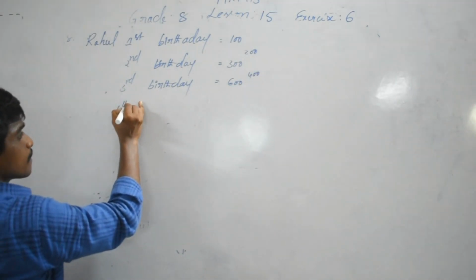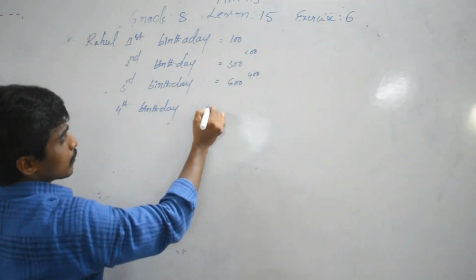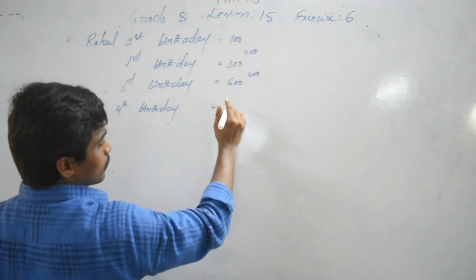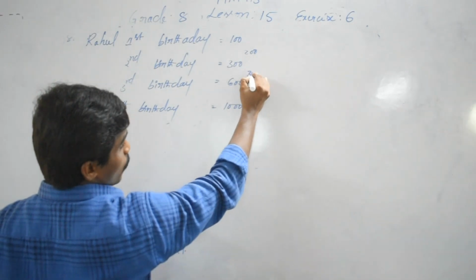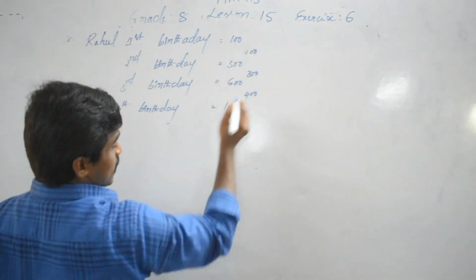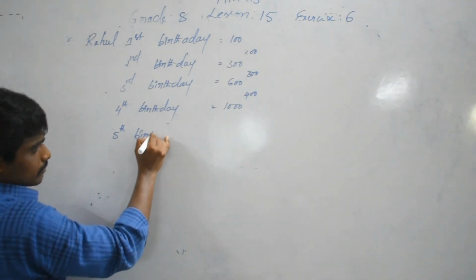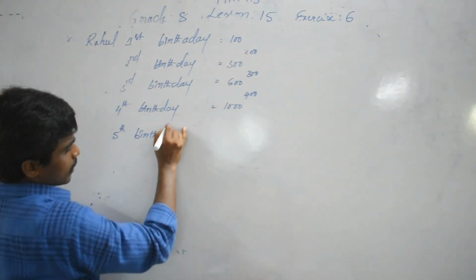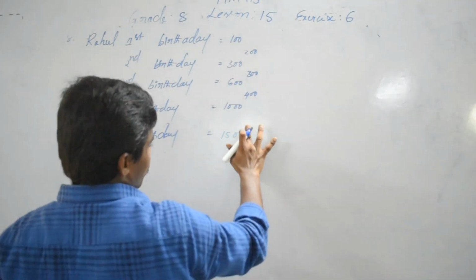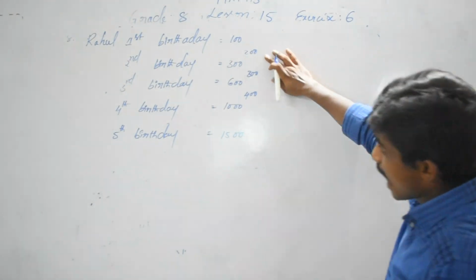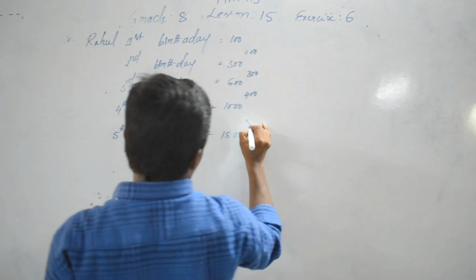Fourth birthday 1000. So here how much extra is added? 400. So next birthday, fifth birthday, how much? 1500. Why? According to this series, here 100 added, here 200, here 300, here 400, here 500.